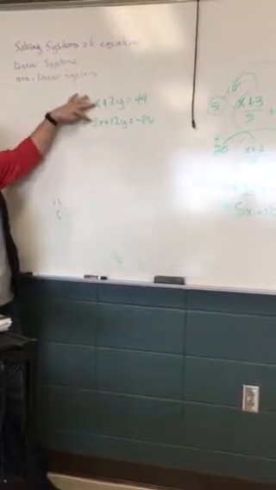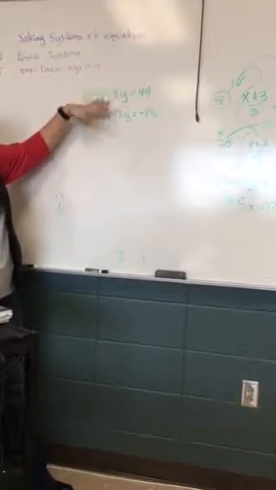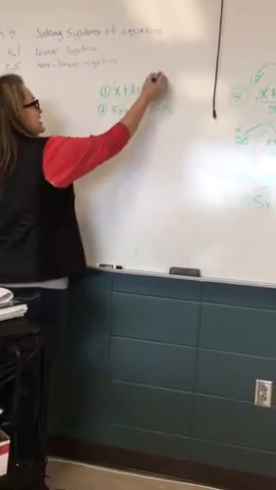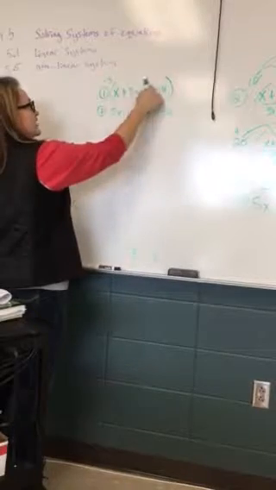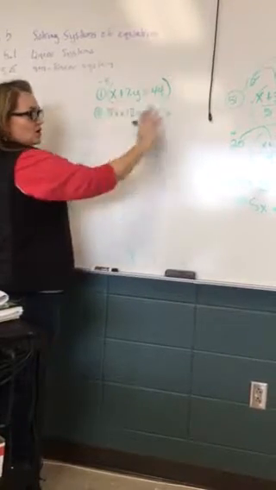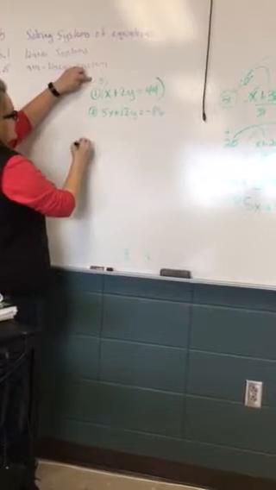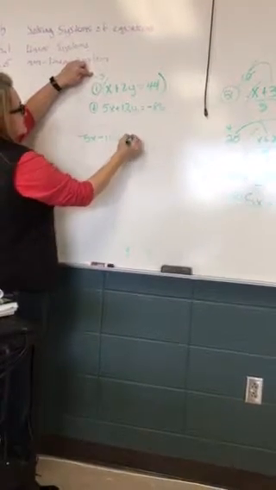To add, I either need the x's to be opposite or the y's to be opposite. It's your choice. I'm going to focus on the x's. To get the x's to cancel, I need this times through by a negative 5. I have to do the same thing to all the equation to keep its balance. So equation 1 times negative 5 would look like this.